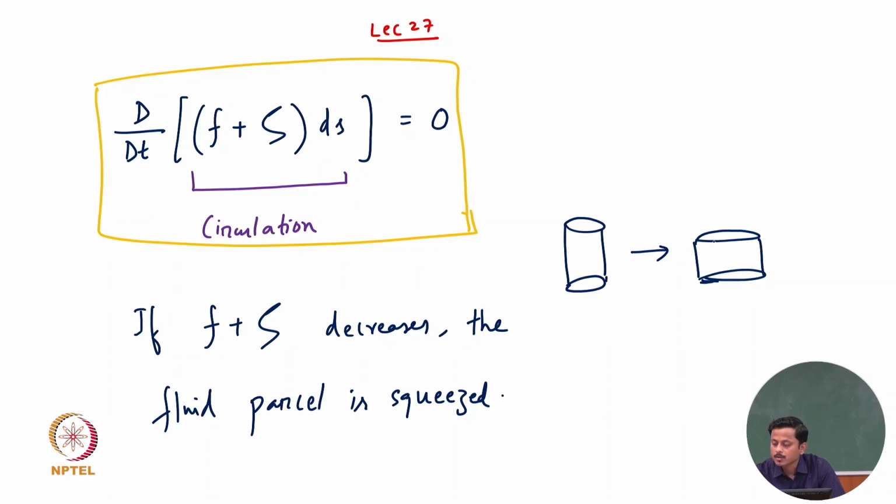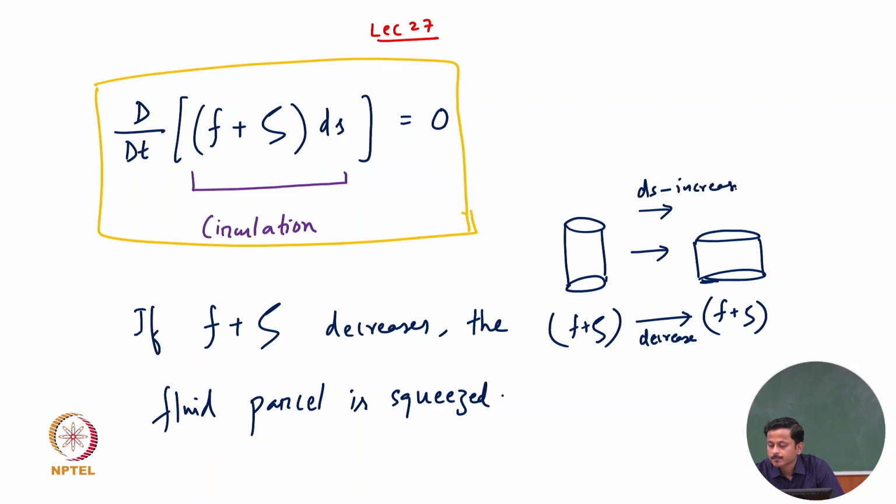So this has an f plus zeta and this has an f plus zeta. So this is decreasing, dS is increasing from left to right. We are squeezing the particle and f plus zeta decreases.